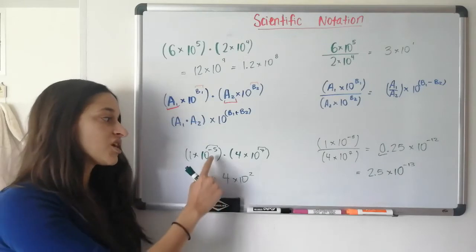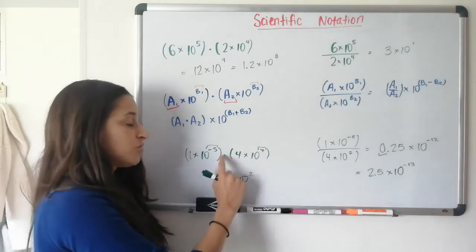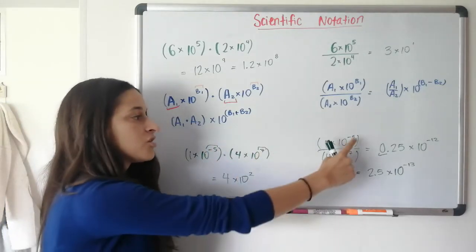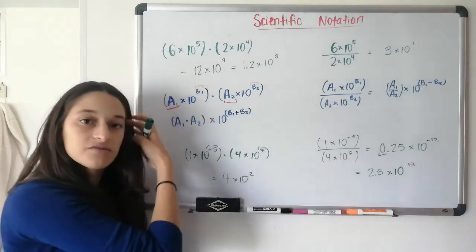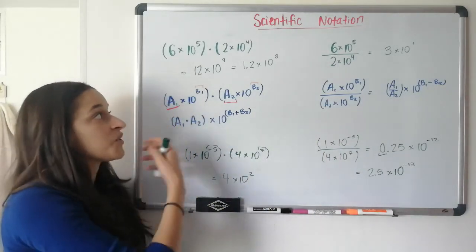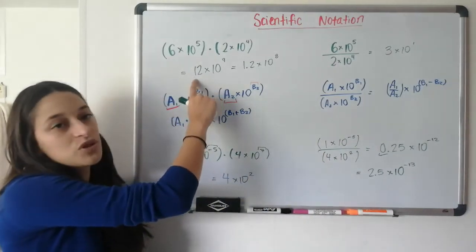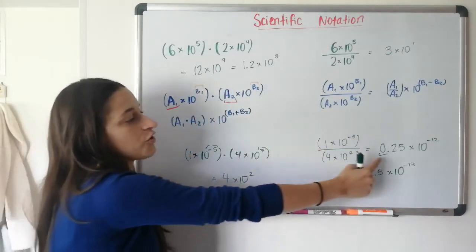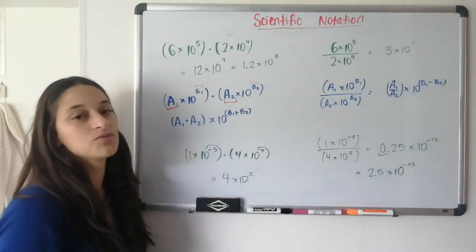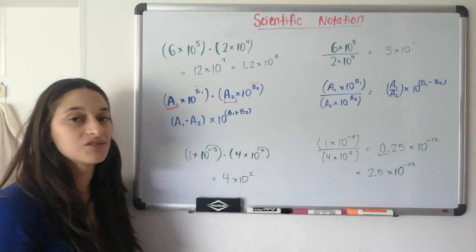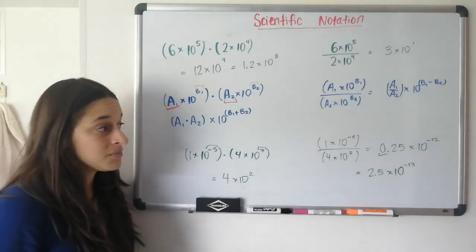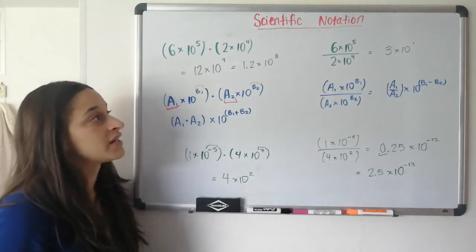So remember negative numbers, just remember how to use them so that you don't get confused. But in general, it's just adding the whole number, the whole negative or positive number, or subtracting the whole negative or positive number. And if you get a number that is not between 1 and 9, like here where we got a 12 or here where we got a 0, you need to move the decimal point either to the right or to the left to make the first number a number between 1 and 9.